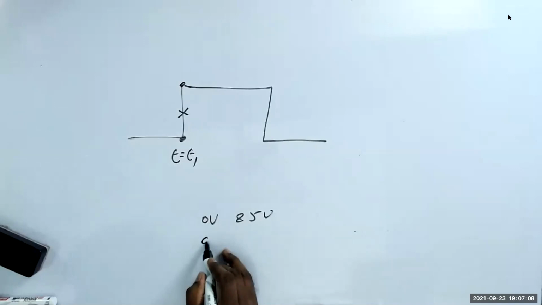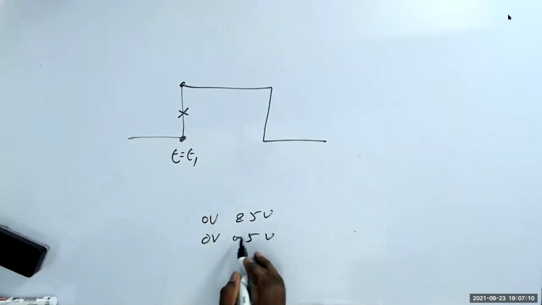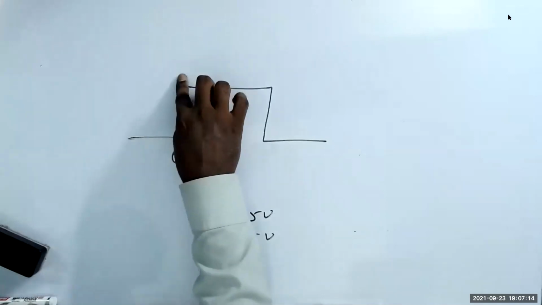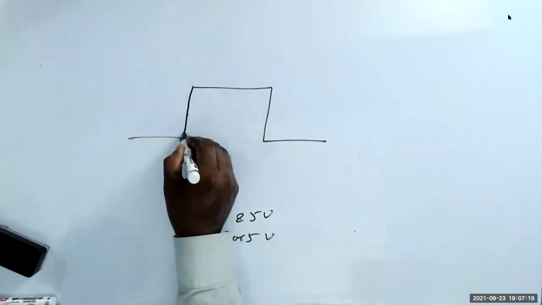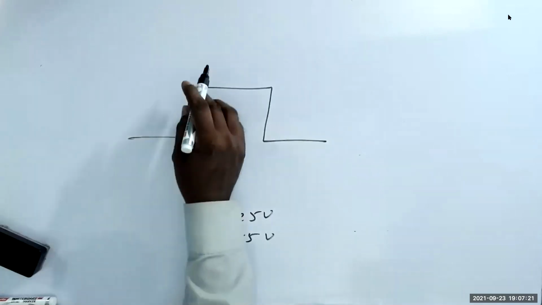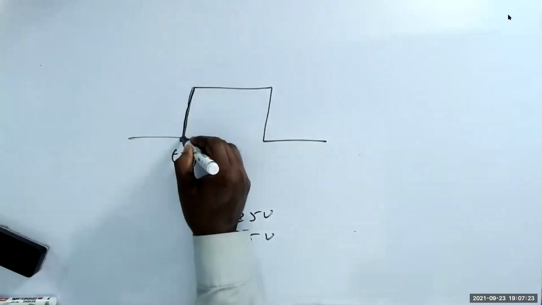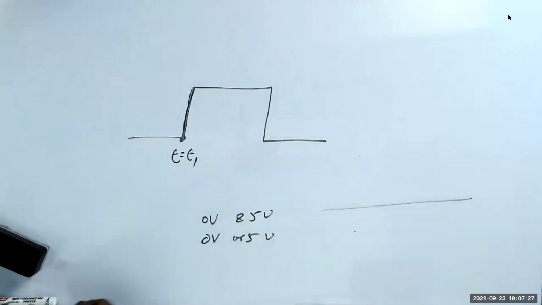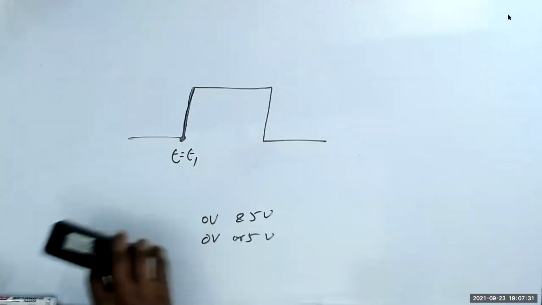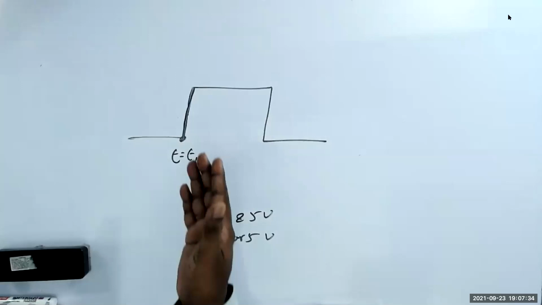It can be 0 volt or 5 volt. It cannot have two voltages at the same time. That's the reason we draw it with a small gap. That gap is very important. It depends on the wire length and the speed of the clock.